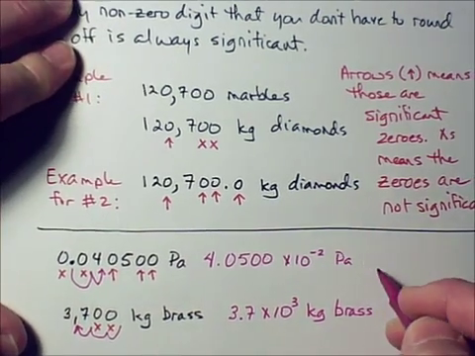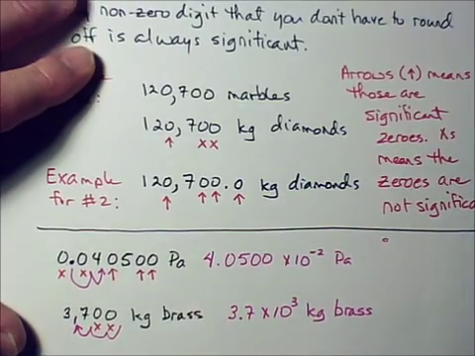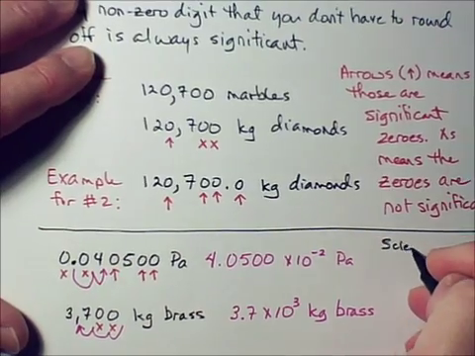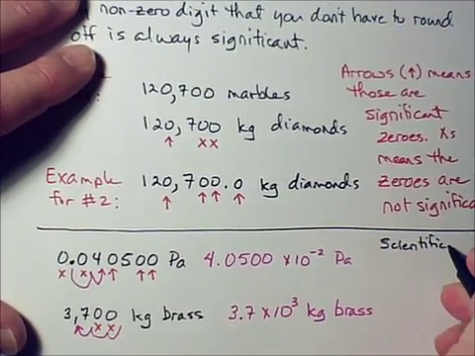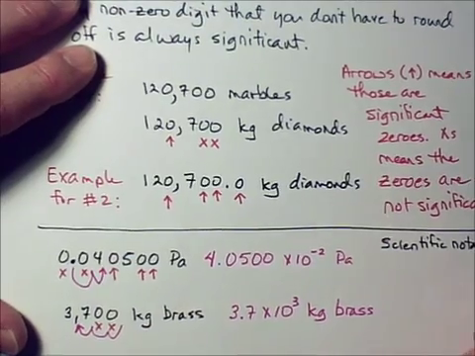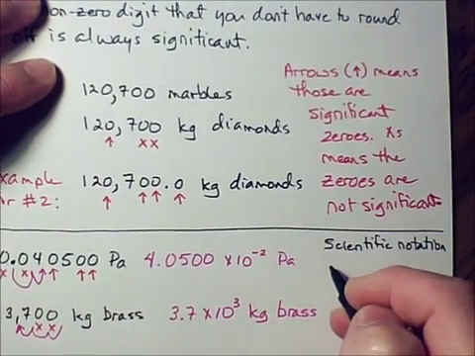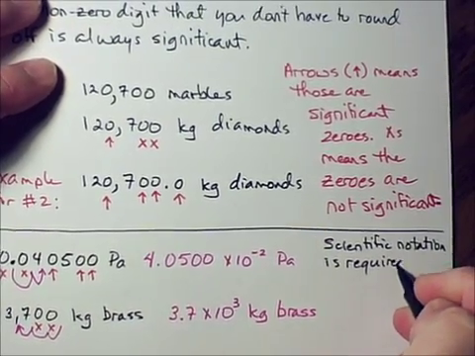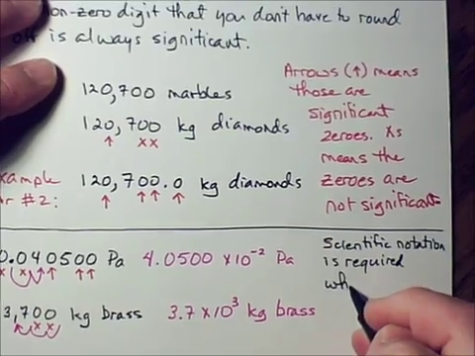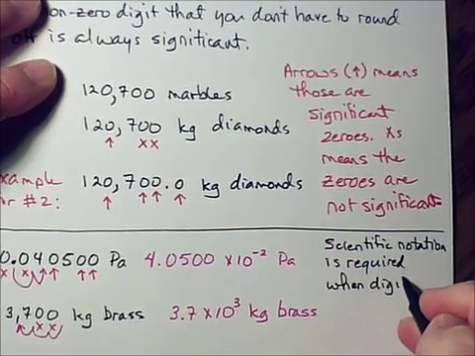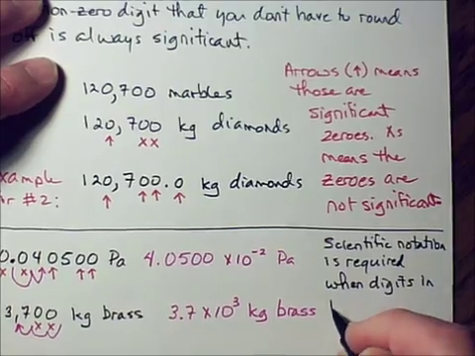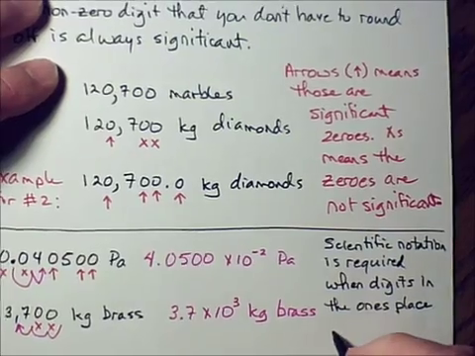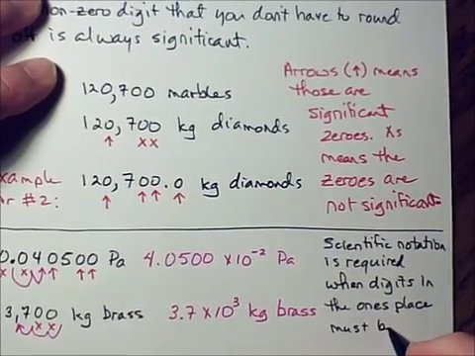Let's put it in black here. Scientific notation is required when digits in the ones place must be rounded off.